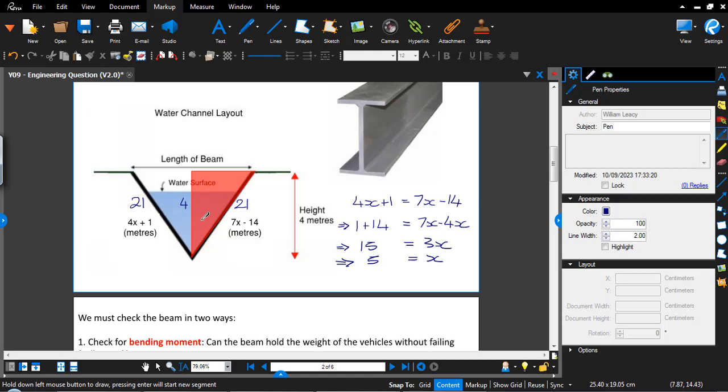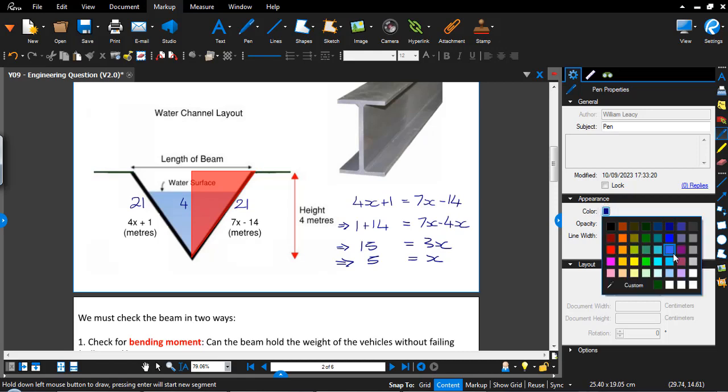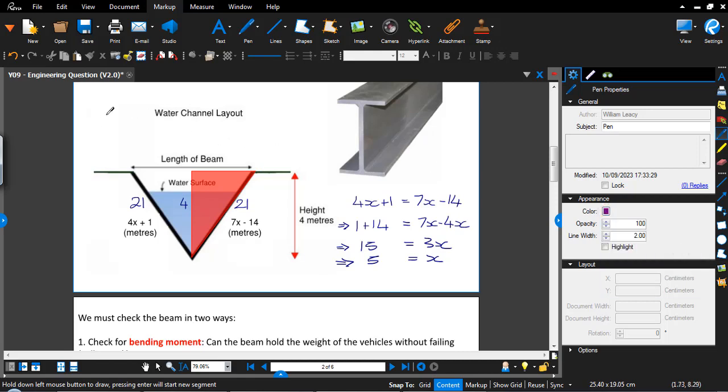So we have a triangle. The hypotenuse is 21 and the height is 4. So I'm actually just going to do it up here. Pythagoras' theorem is a squared plus b squared equals c squared. So we know that a is 4, or you could say b is 4, it doesn't matter. But we have one unknown.